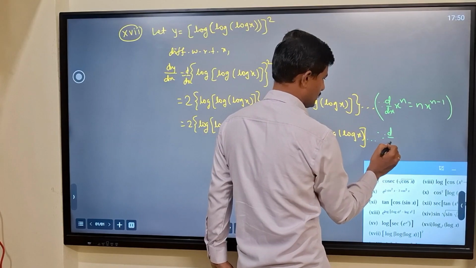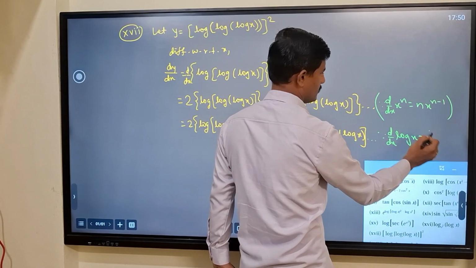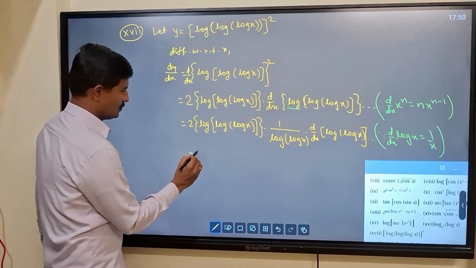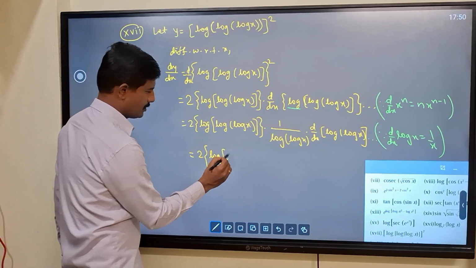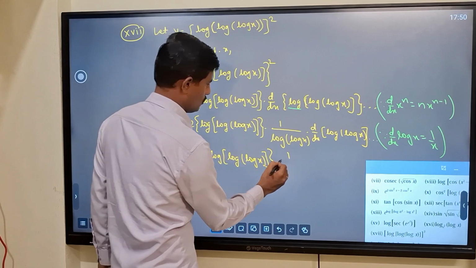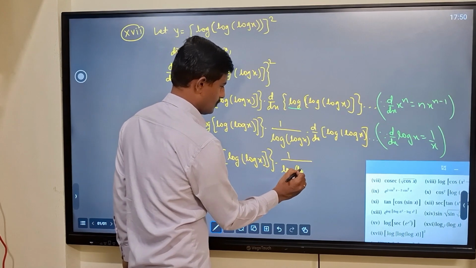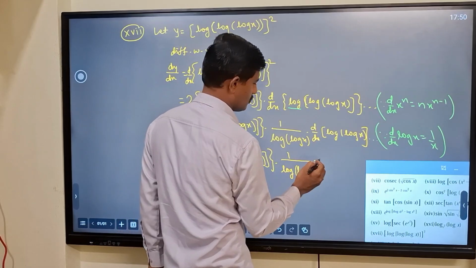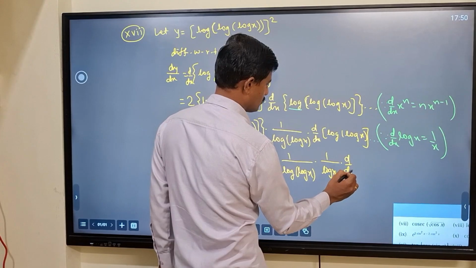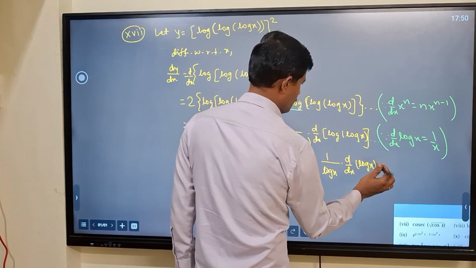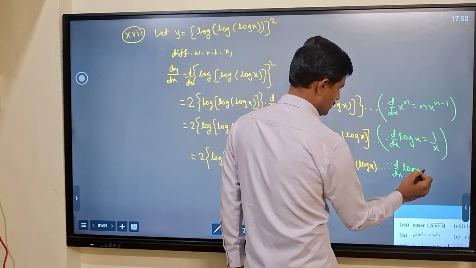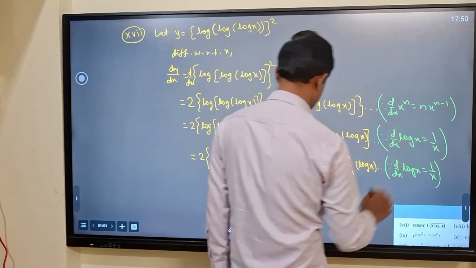The formula is d/dx of log x is 1 upon x. Now next, 2 log of log x into 1 upon log of log x into differentiation of this log, which is 1 upon log x. One more log is remaining, d/dx of log x. We are using this same formula, d/dx of log x equal to 1 upon x.